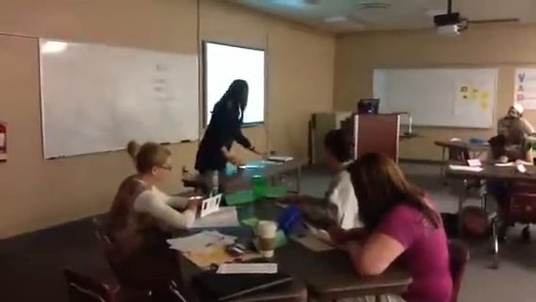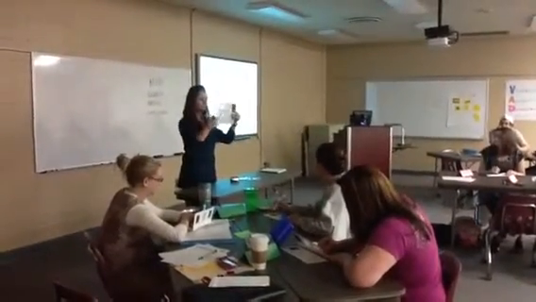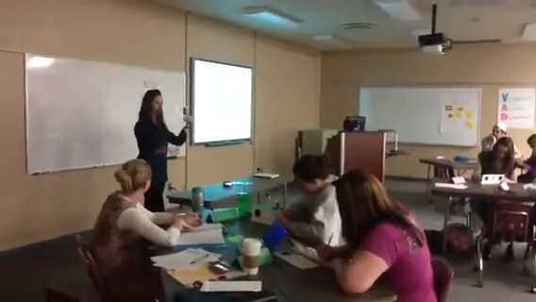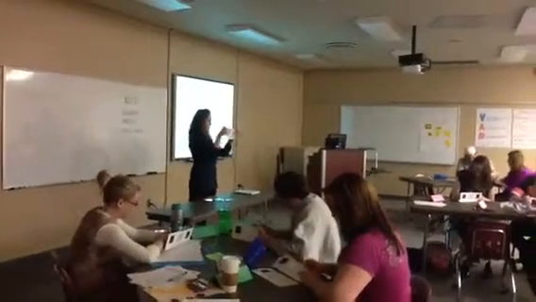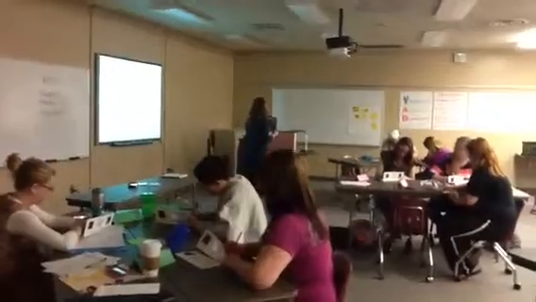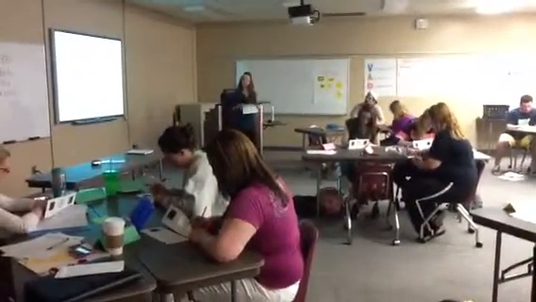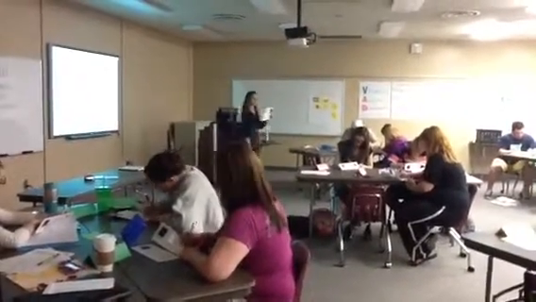So, if you'll open up your foldable, the picture that I have up on the board is going to go right in this square, so you'll be able to see it through the transparency on the foldable. And you also need to write objects where light passes through them completely, somewhere inside your foldable underneath the transparent.